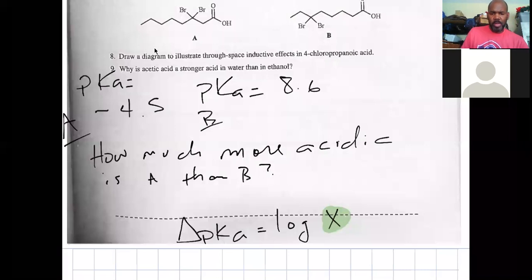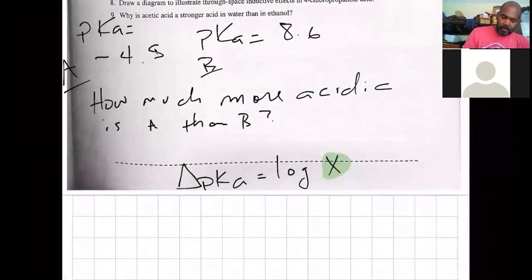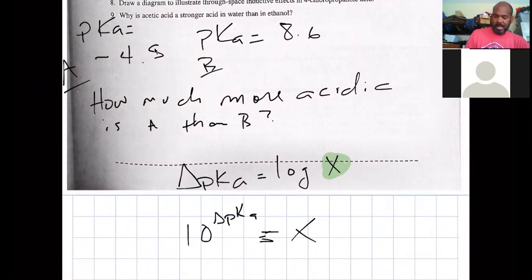So how would we solve for x? It's just like what we did up here, right? So it would be 10 raised to the difference in the pKa is equal to x, because the log is base 10.